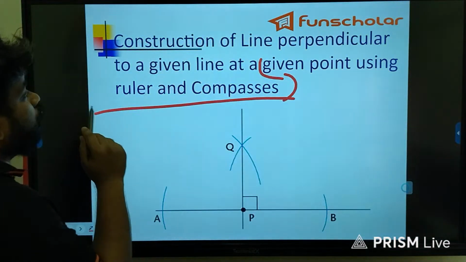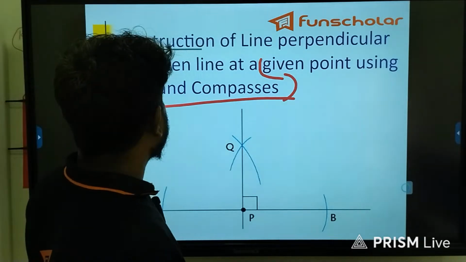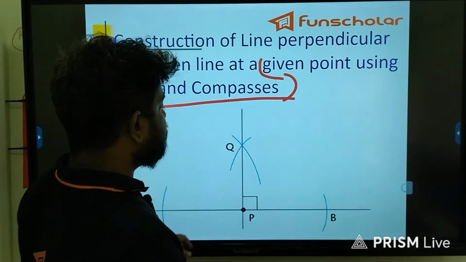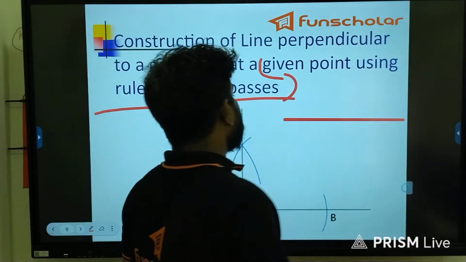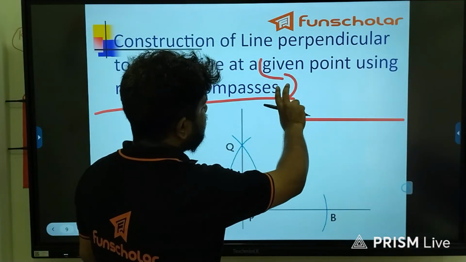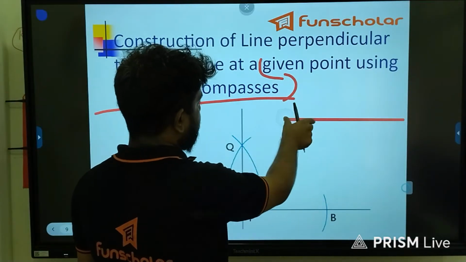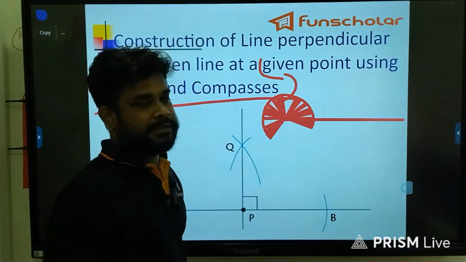To draw a perpendicular to a given line at a given point using ruler and compass, first you have to draw a line like this. Then you have to take a measurement, put the pencil compass here and draw an arc like this.